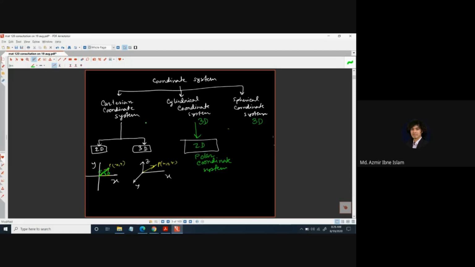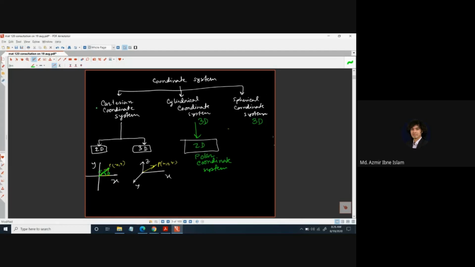Okay, so that's why we have to look for other forms or other ways, other new techniques, so that we can easily solve the integrals. And the techniques are, let's say, we can use cylindrical coordinate system or spherical coordinate system, so that we can easily evaluate some complicated integrals.